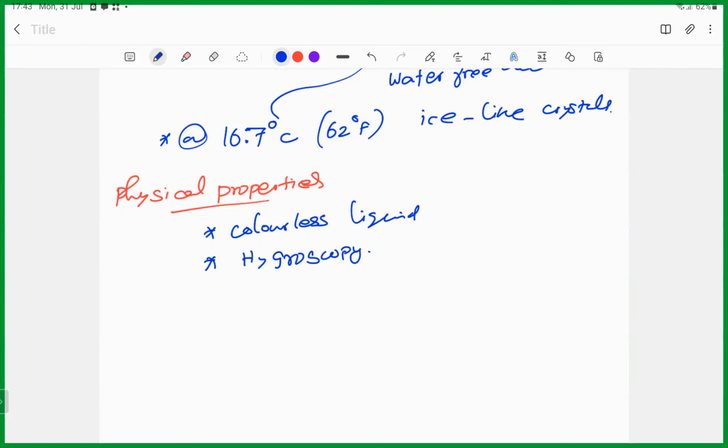Otherwise, some chemicals are solid in the absence of air, but when you bring them to room temperature, that solid becomes liquid. It melts. That is known as hygroscopic. The freezing point is 16.7 degrees centigrade, below which it becomes a crystalline solid.